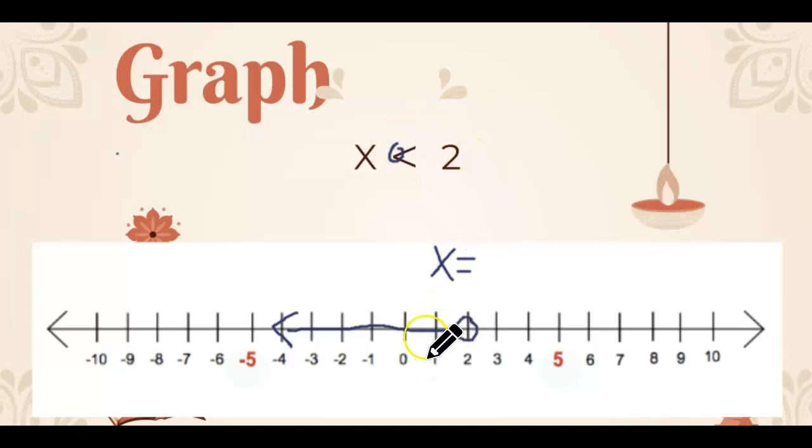So we start with 1, 0, -1, -2, and so on. We could start with 1. It could also be 0. It could also be -1. And you could even go all the way down to the left side. So that's going to be a possible solution for this inequality.